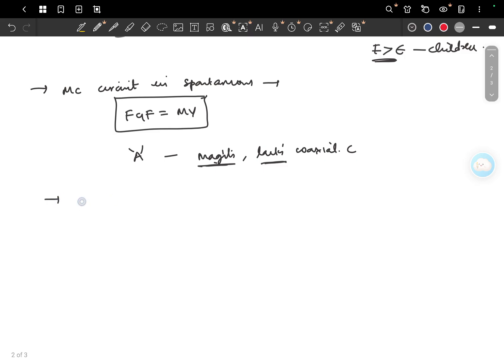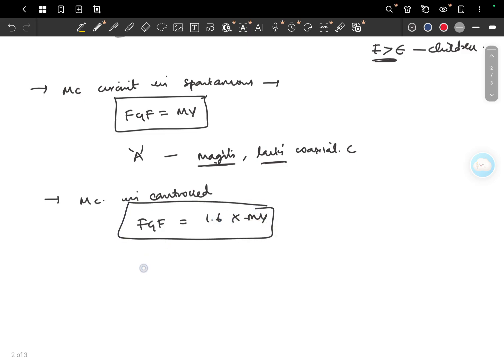Now the most common circuit in controlled ventilation will be where you will have free gas flow equal to 1.6 into minute ventilation. So here type D will be the common one, and we have Bain's coaxial circuit.